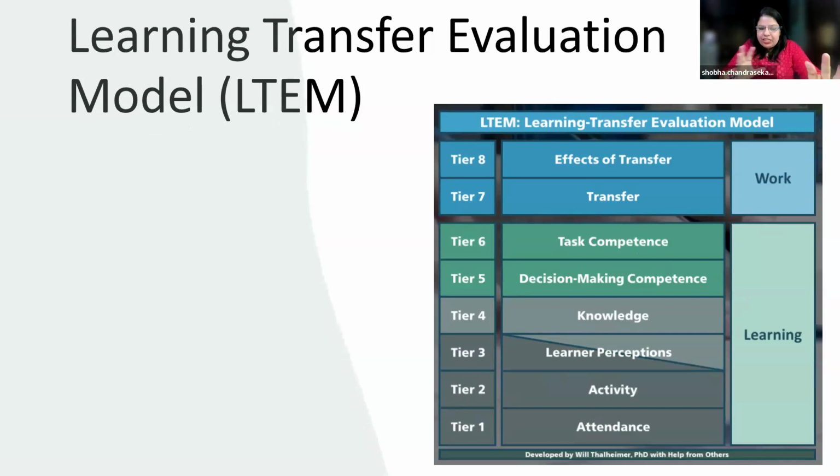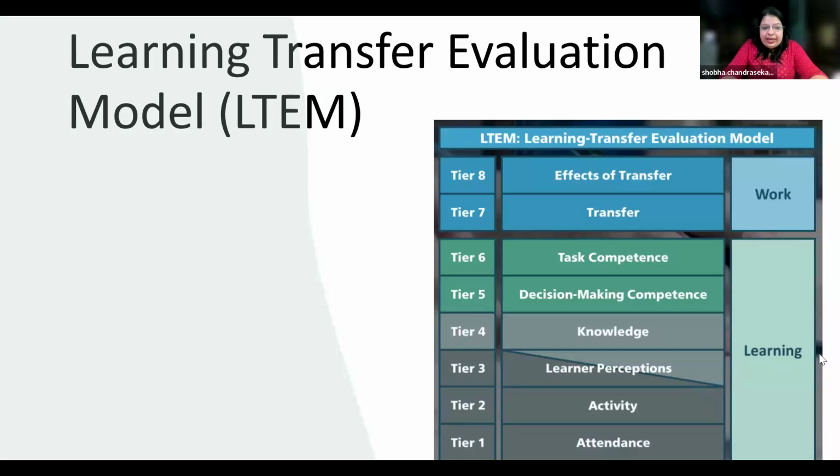So the first level is just the attendance, the most basic level, where the organization tracks whether the learners attended the training program or, if it is e-learning, whether they completed the e-learning course.